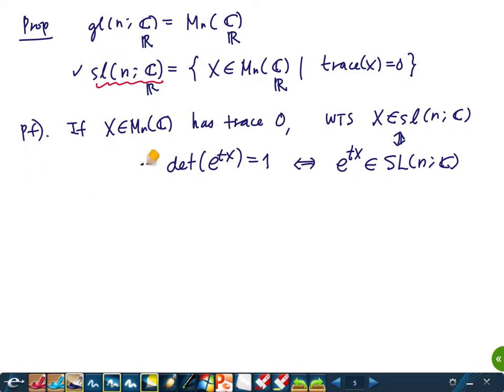The determinant of this is what? e to the trace of tX. But the trace, this t, a real number, can be put outside. So trace 0, so yeah, that's true. So this is the proof, basically. So trace 0 is equivalent to saying that the determinant of this is always 1.